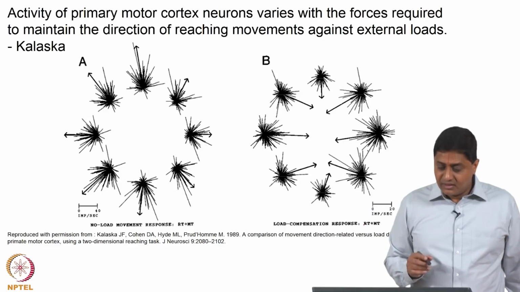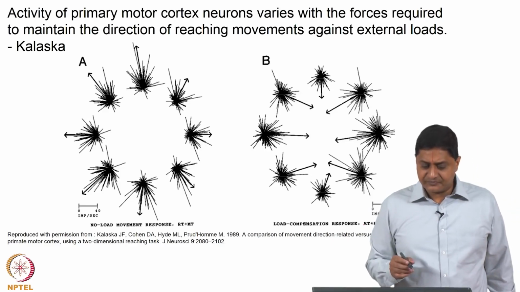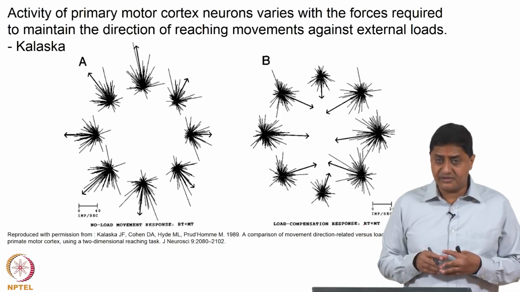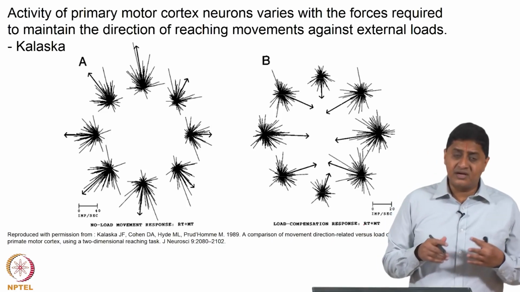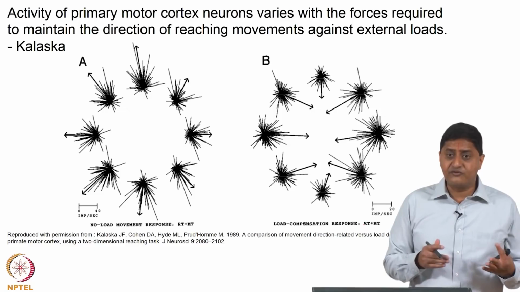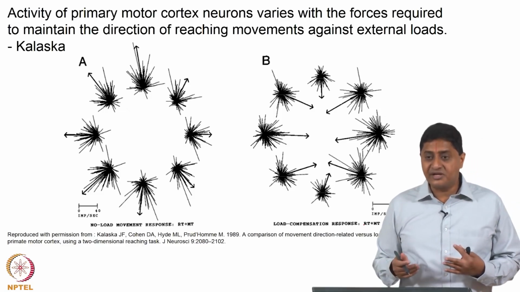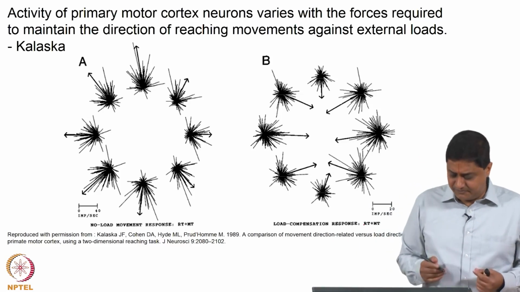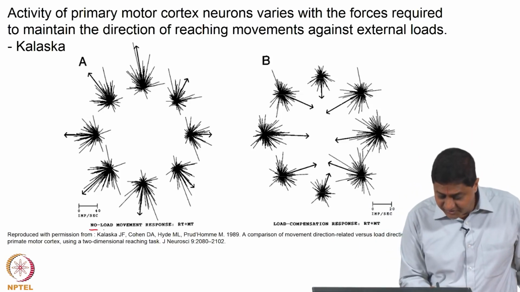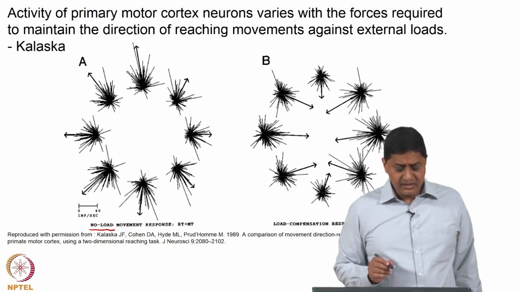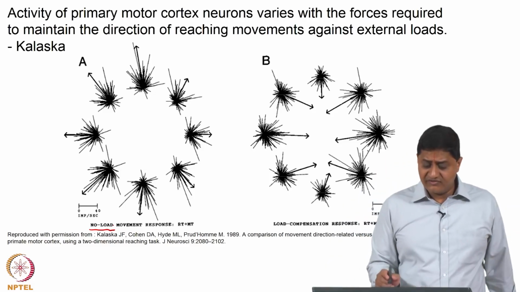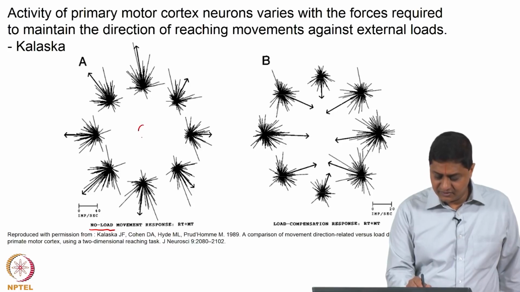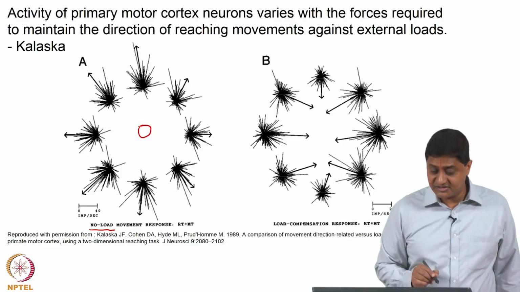What was found was that depending on the direction of force that is required, right. Depending on the load that is acting, the direction of force that is required will change. Depending on the direction of force that is required, the activity of the neurons does change. For example, here what is presented is the no load activity. When there is no load, if the movement is in a particular direction, this is the original position, this is the home position.